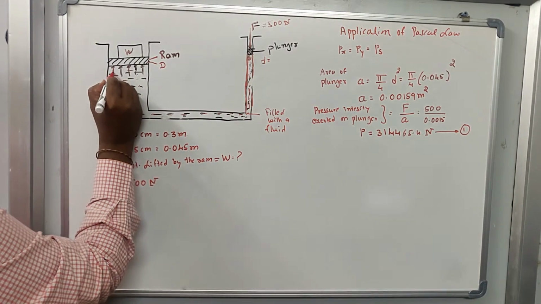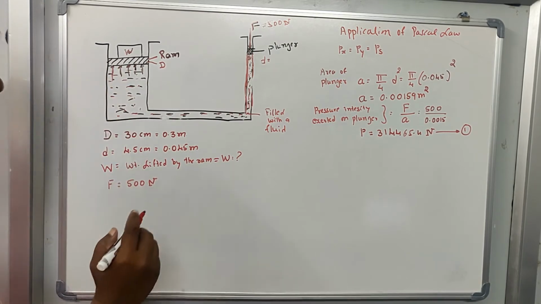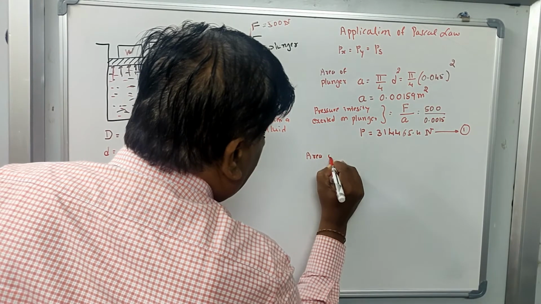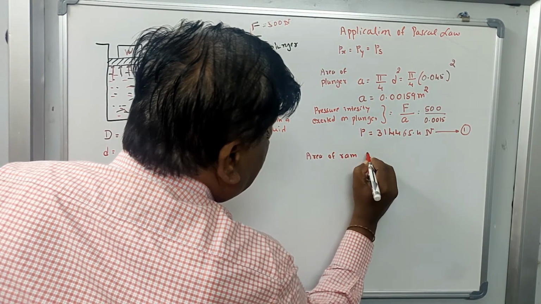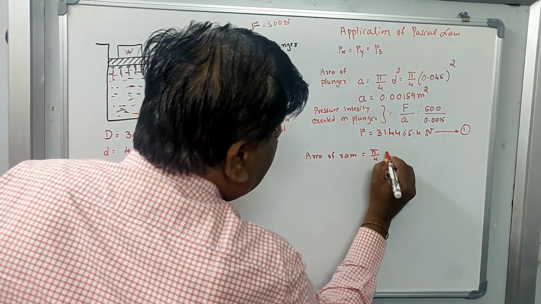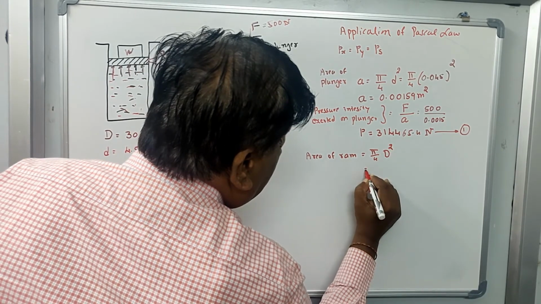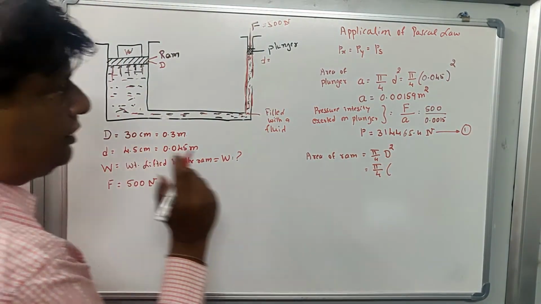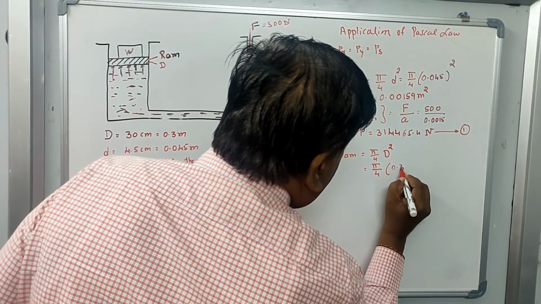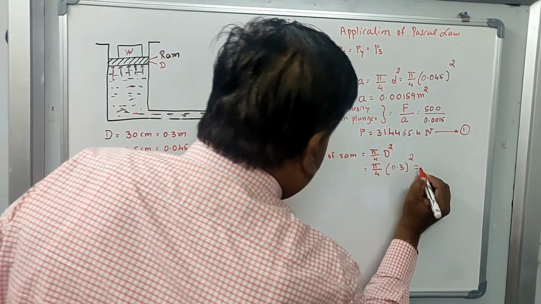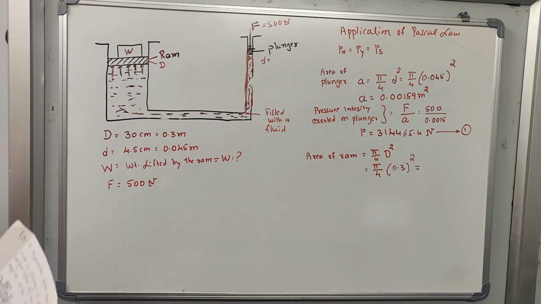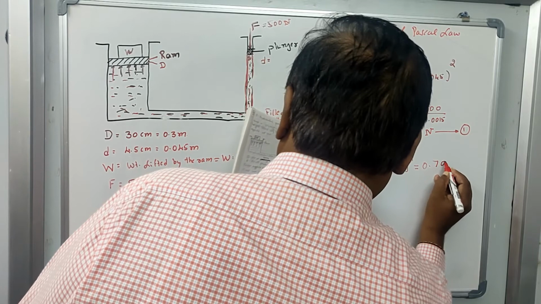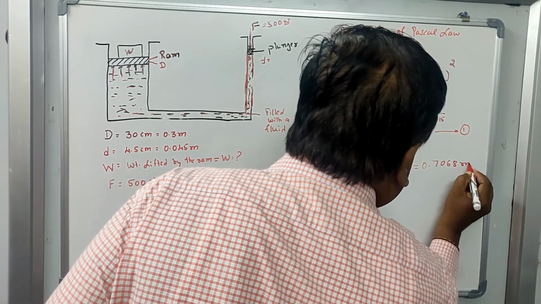Now the pressure intensity at the ram. First calculate the area of the ram, which is again pi by 4 d square, pi by 4 times 0.3 square. So the area of the ram is 0.7068 meter square.